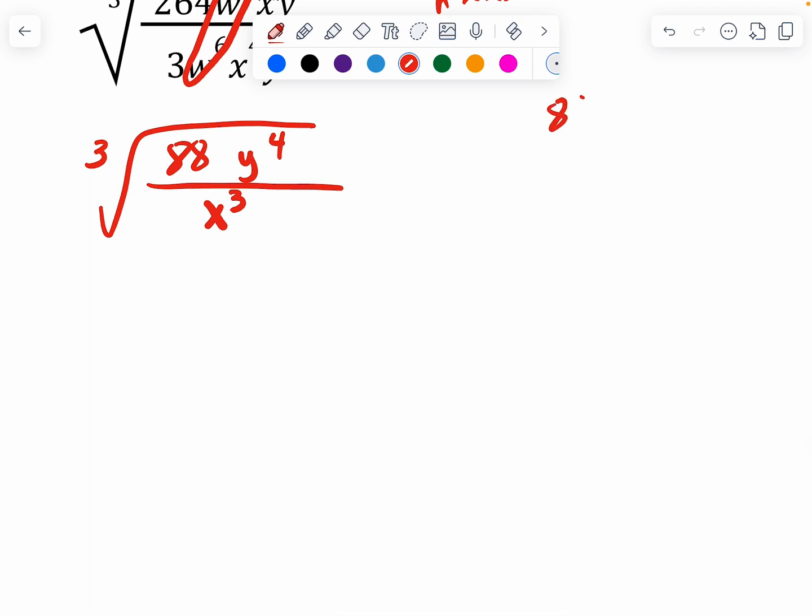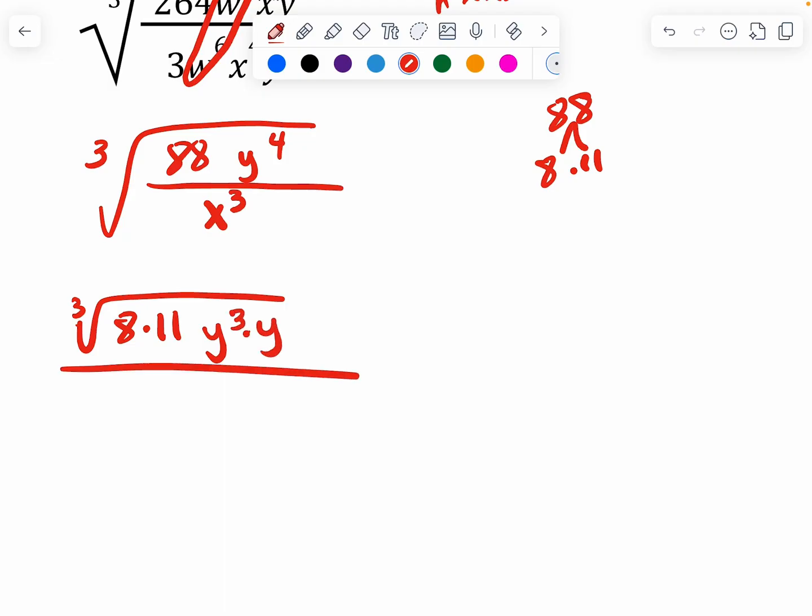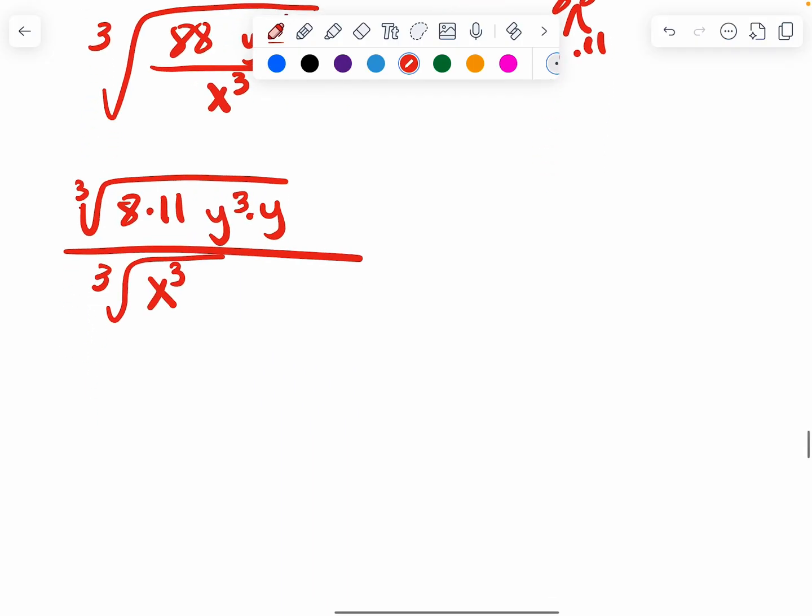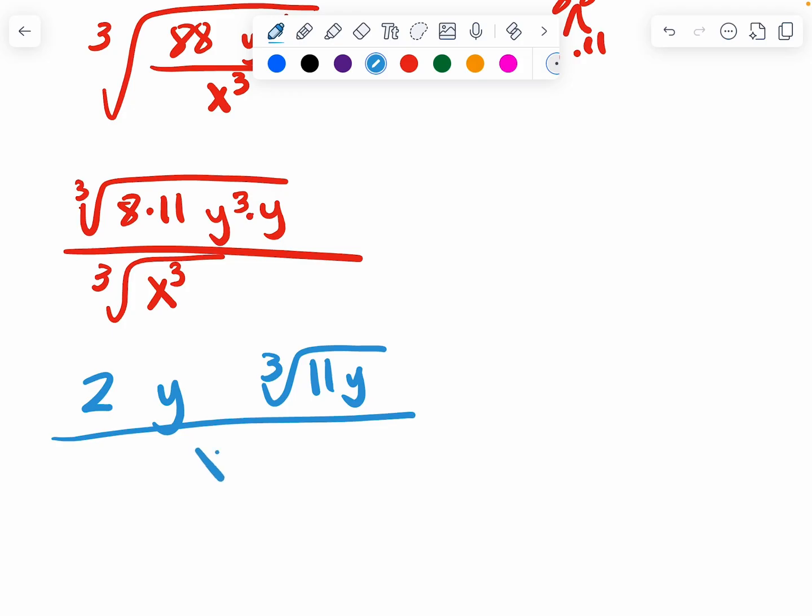So 88, that's 8 times 11, and 8 is a perfect cube. So 8 times 11, y to the 3 times y over x to the third, and the cubed root of that. So here we go. The cubed root of 8 is 2. We cannot take the cubed root of 11, so we write it over here. The cubed root of y to the third is y. We can't take the cubed root of just plain old y over x.